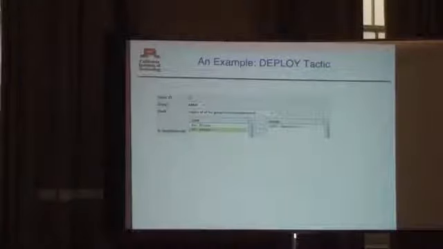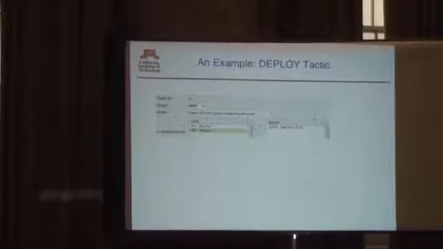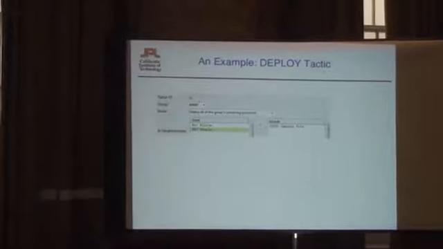I'll back up a little more. They implement their decisions by means of tactics, as we call them. So we have a whole lot of different kinds of tactics. This is a deploy tactic. They use it if they're going to put troops into a neighborhood. This is the tactic they use to do it. And we have orders for editing tactics, and they've got to enter in all the data.